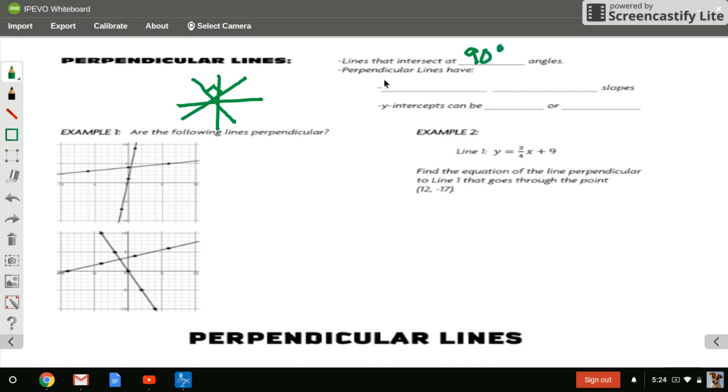Perpendicular lines have opposite and reciprocal slopes. The y-intercepts can be the same or different.